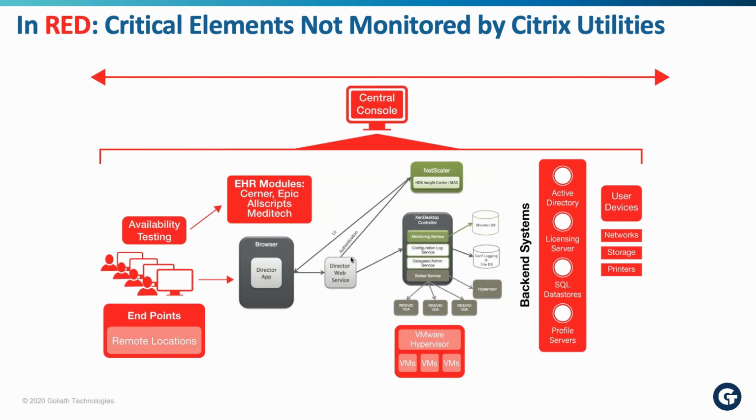It's going to give you visibility into the endpoint locations, into the networks, into those back-end systems that are interacting with the Citrix environment. It's going to give you visibility into the hypervisor host so that if there is an issue with any stage of the process or any component that impacts user experience, you're able to see that, to troubleshoot that, and then to be proactively alerted on some of those things as well.